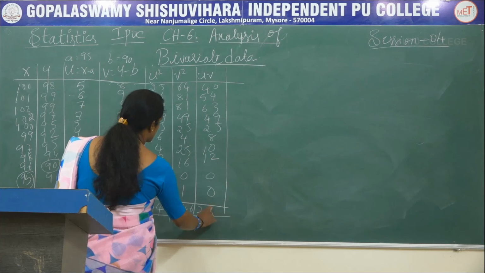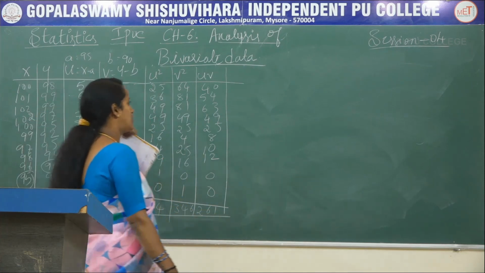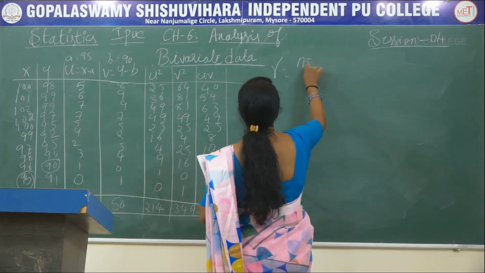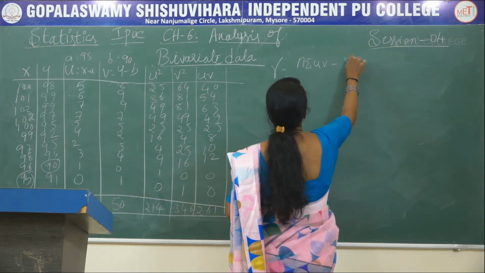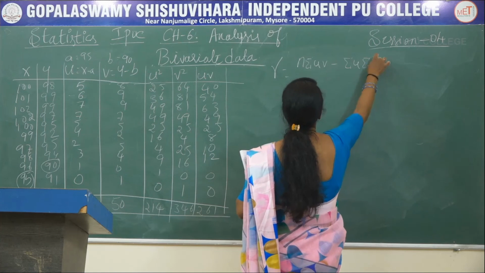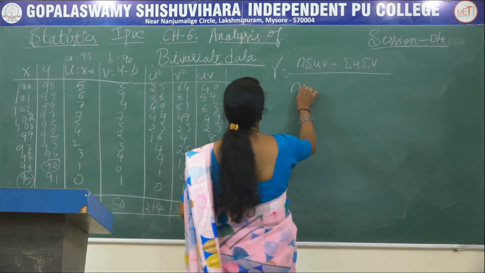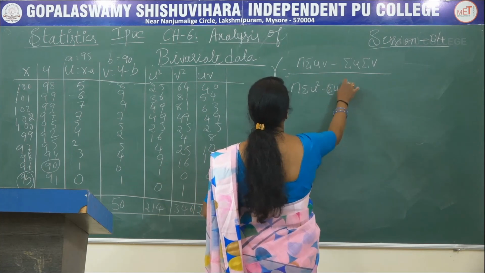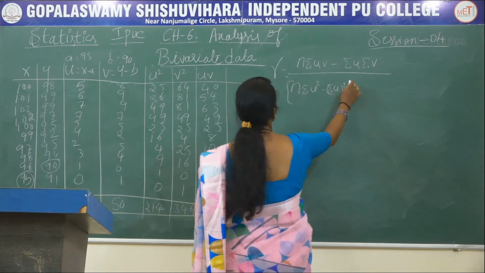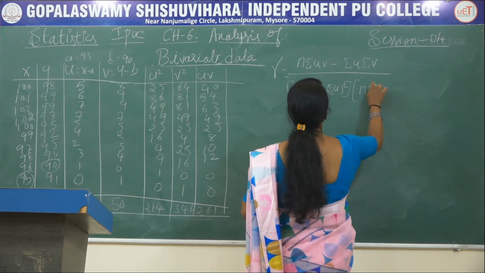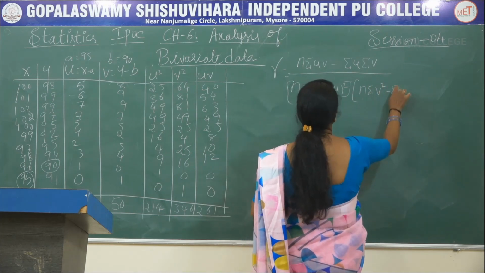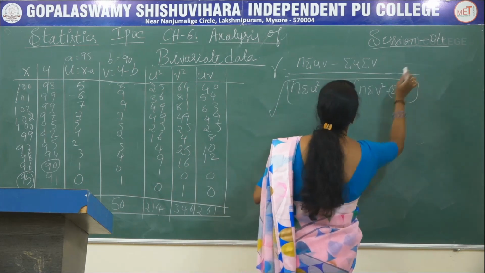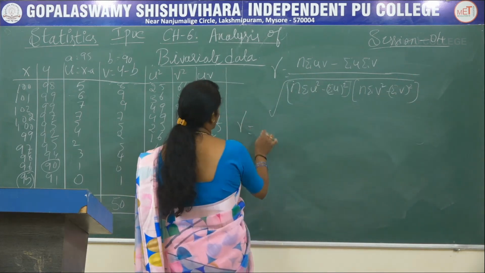346, 261. Now write the formula, that is correlation coefficient is n into summation uv minus summation u summation v, divided by the square root of n into summation u square minus summation u whole square, into n into summation v square minus summation v whole square. Now substitute the values.